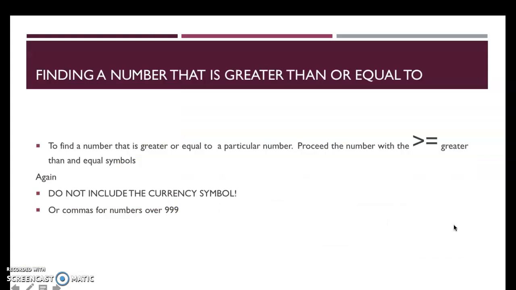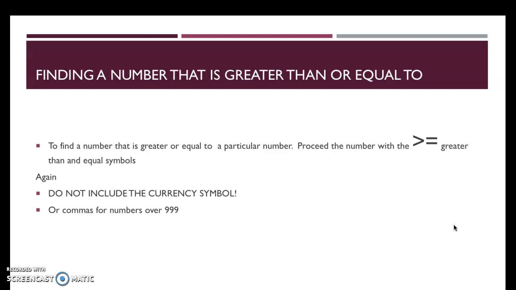If we wanted to include the 66, then we need to create a criteria that will pull all of the numbers that are greater than or equal to. And to do this, we are going to precede the number with the greater than and the equal symbol. Now, greater than and equal together reads greater than or equal to.